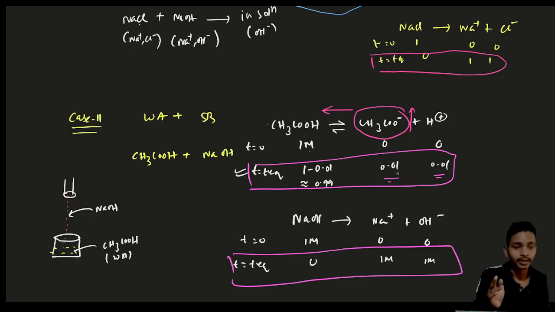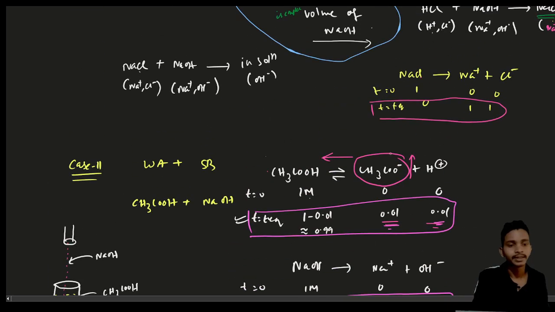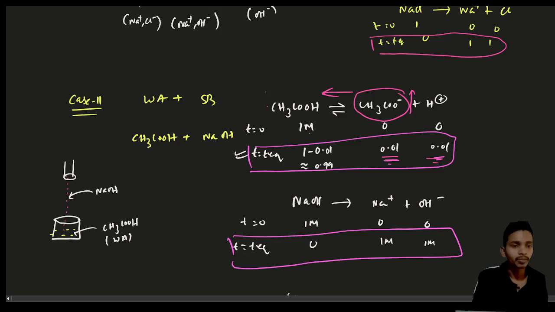Although it was only a very small amount dissociated earlier, due to the common ion effect it again decreases by a huge amount, like 0.001.